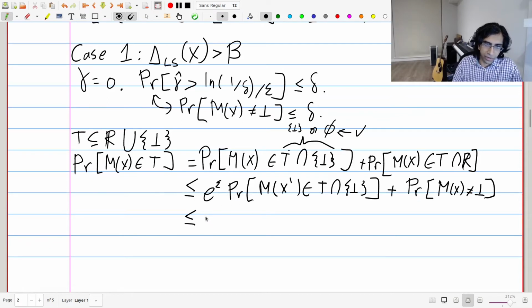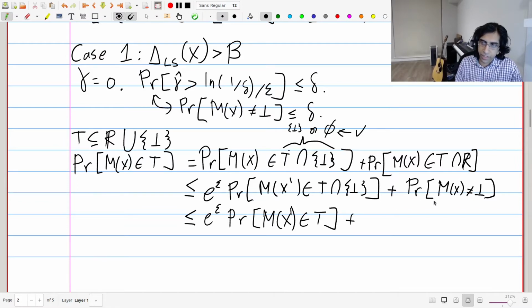We can remove this term here, removing the fact that this is conditioned, because it lets it be in a larger set, and therefore the probability must be larger. So M(x prime) in T is a valid upper bound for this term.